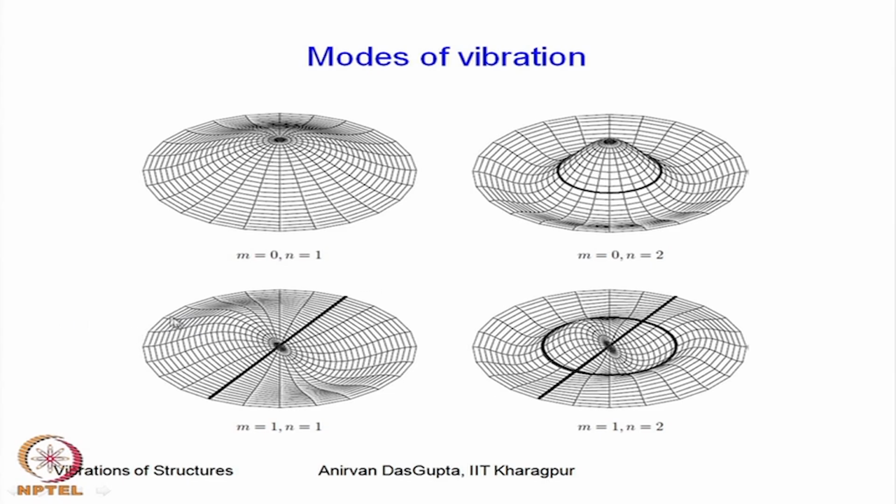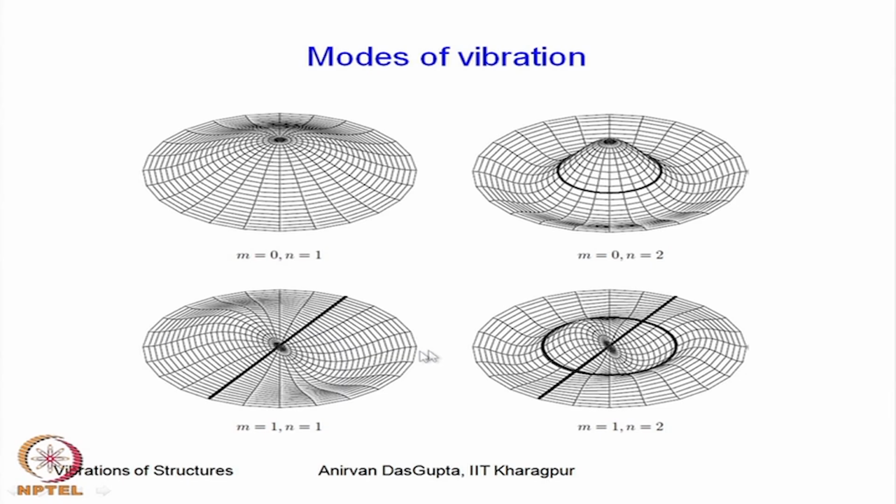Once again we can understand this from the geometric symmetry or isotropy of this circular plate, since there is no particular choice of any reference line from where phi can be measured.